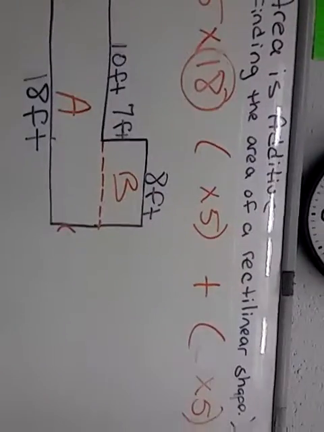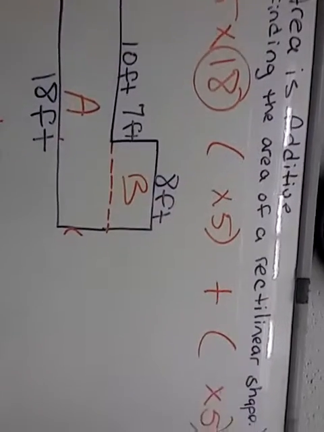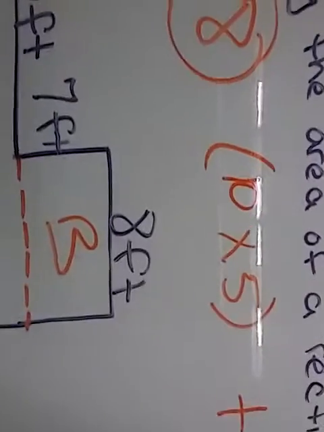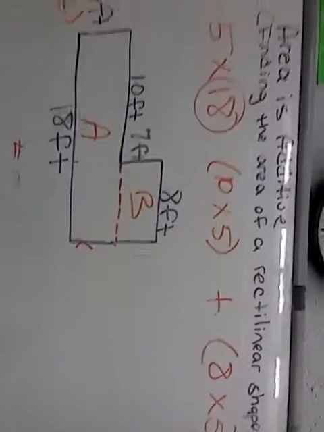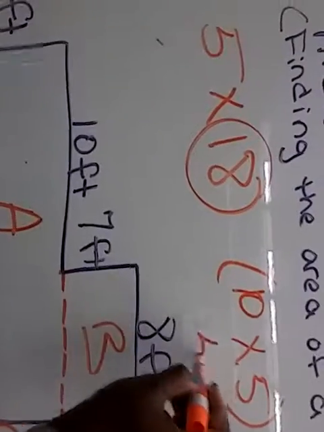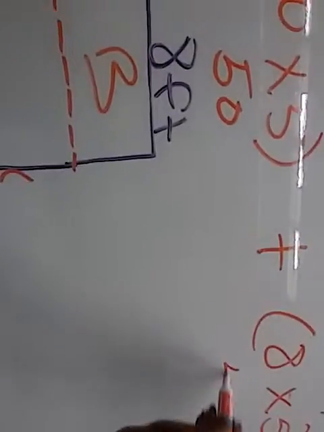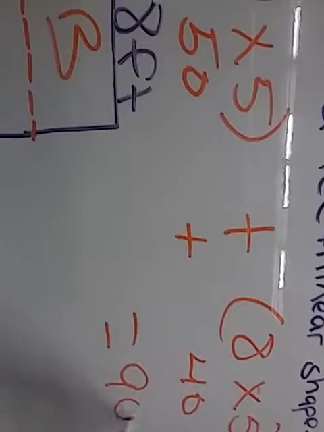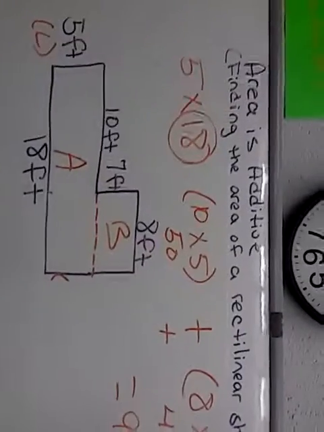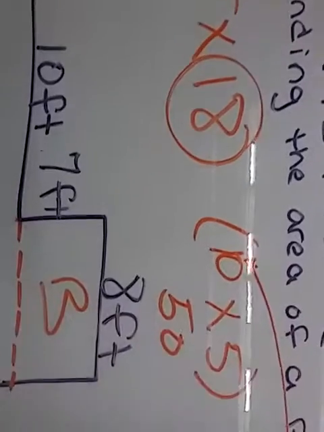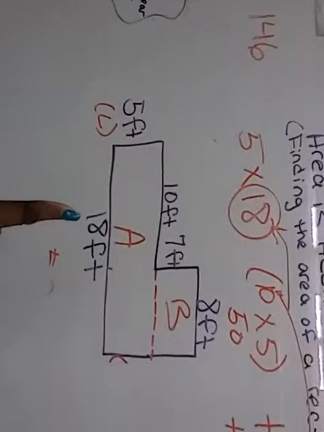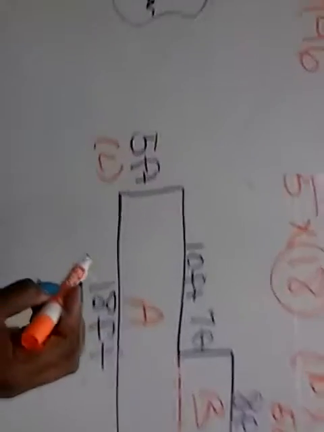Some might say 10 and 8. Some might say 9 and 9. I'm going to choose 10 and 8 because that's an easy number to multiply. So 10 times 5 is 50. 8 times 5 is 40. 50 plus 40 will give you 90. These two numbers will add to give you the bigger number. So now I know that my area for rectangle A is 90.